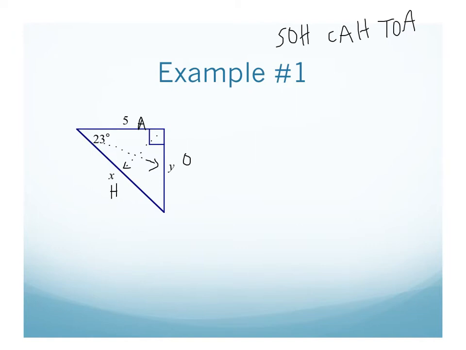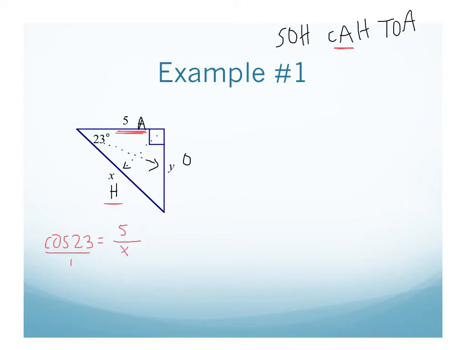Starting with x. If I'm starting with x, I'm going to ignore y. I'm going to use the side that I know and the side that I'm looking for. Now a and h is going to be cosine. Remember that you always take the sine, cosine, and tangent of an angle. So I have the cosine of 23 equals, based on my CA, adjacent goes in the numerator, so that's going to be 5 over hypotenuse, which is x.